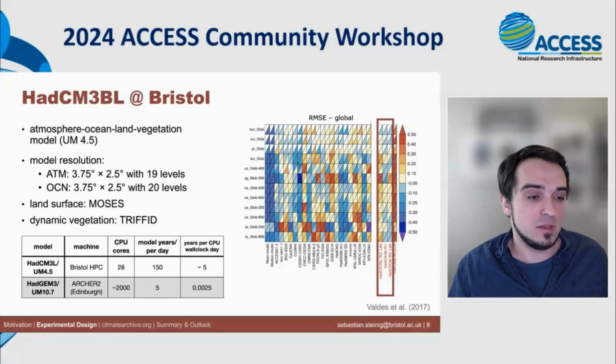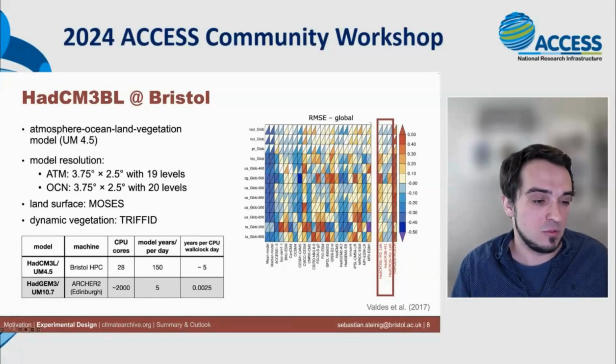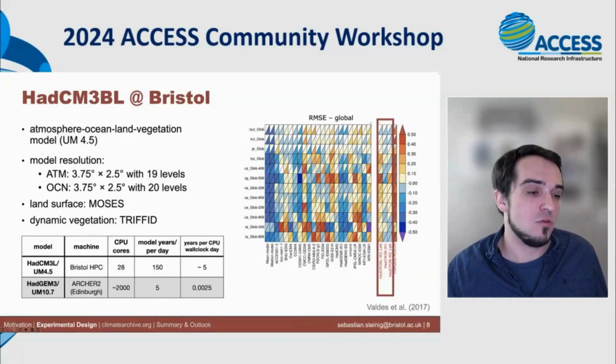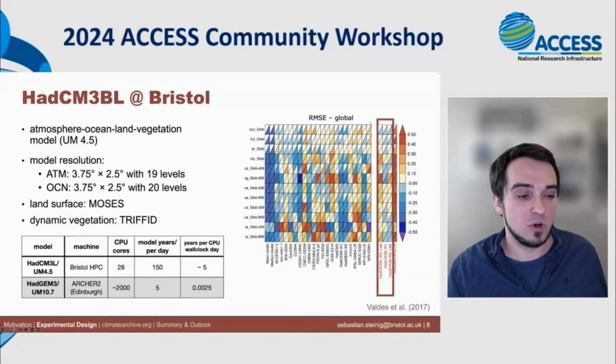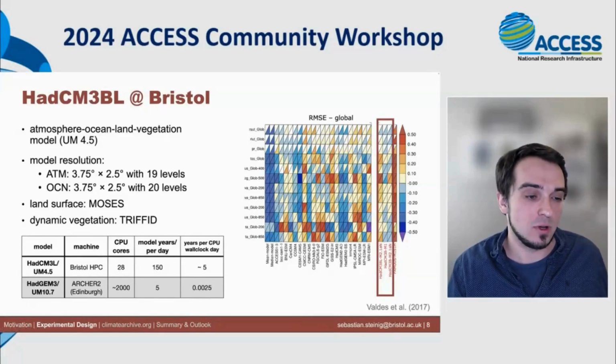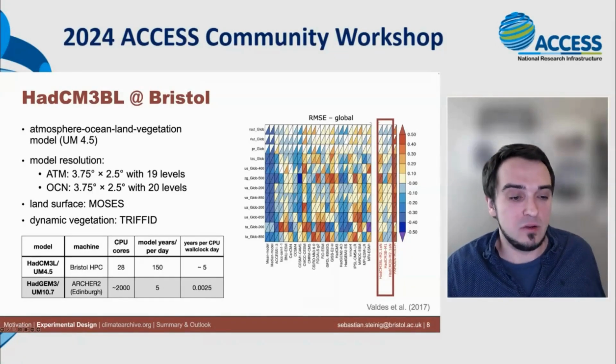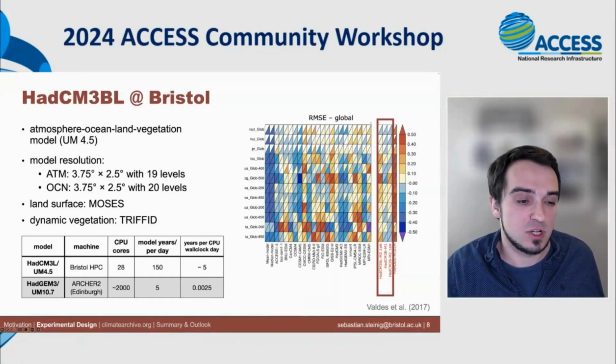Just as a comparison, the other model I'm currently using for paleoclimate applications is called HadGEM3, a newer version of our UK climate model, just a physical climate model core using UM 10.7. This is something where we really need national infrastructure to run.